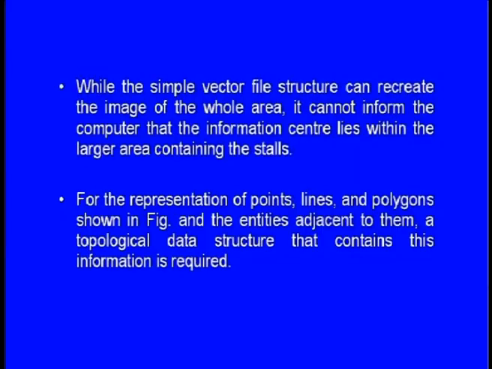In a GIS representation, this may have to be carried out in such a manner that it consists of points, lines and polygons and the entities which are adjacent to them. So, a topological data structure that contains this information is now required.